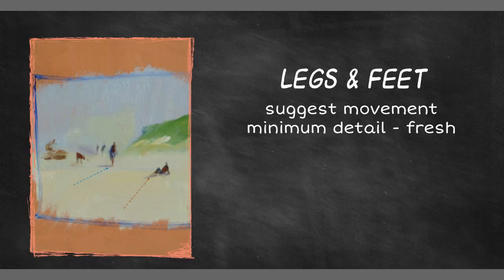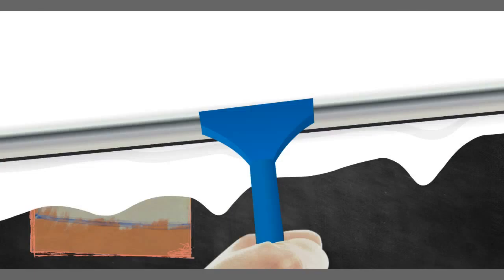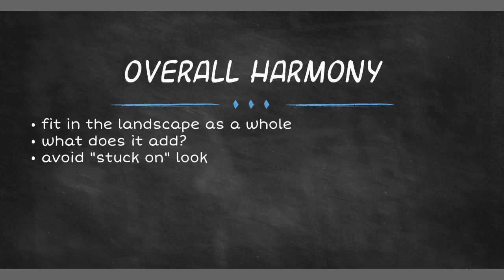Okay, so details very minimal. It's all about the gesture that we're interested in. And an overall harmony as well. The figures must be part of the landscape. It mustn't be a jarring feature. So what does the figure add to the whole idea? We don't want to simply throw in figures for the sake of it. Try and paint them wet into wet as well.